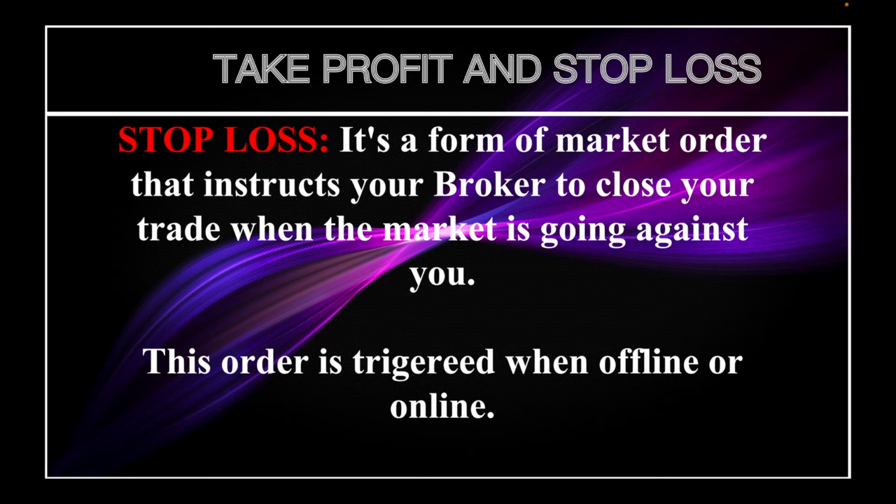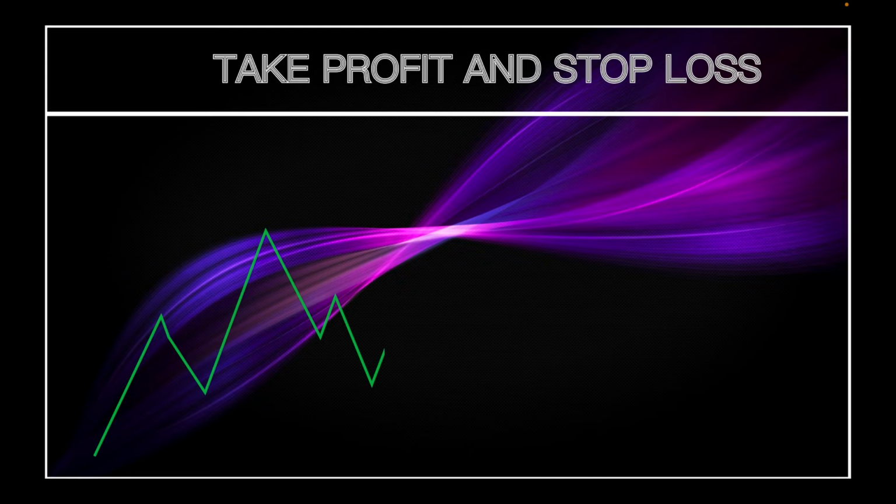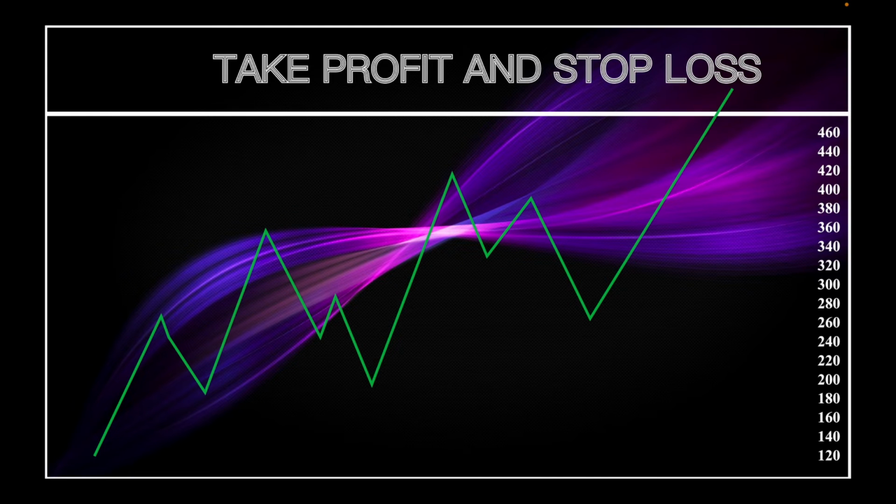So I'll use a chart to explain this so it will give you a better understanding. Here I have a bullish trend, and I'll be using the trend line strategy to explain this because it's easier and clearer. I am done with my analysis, and this is my trend line.